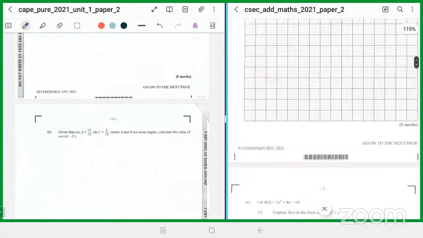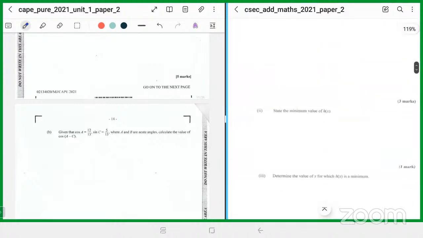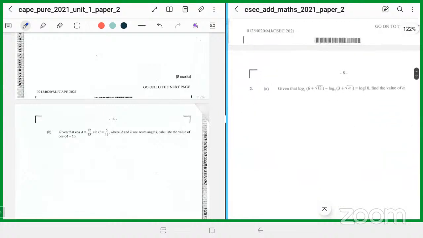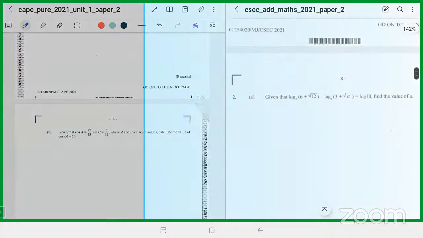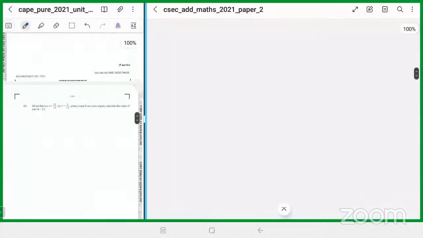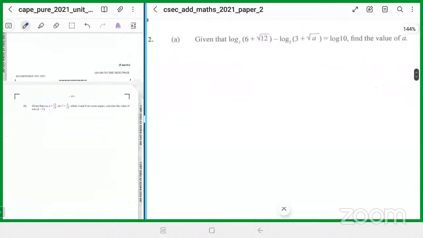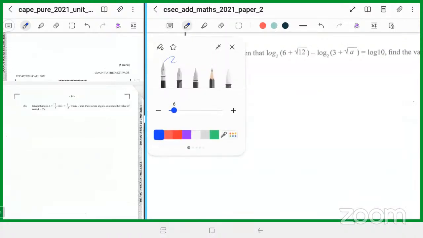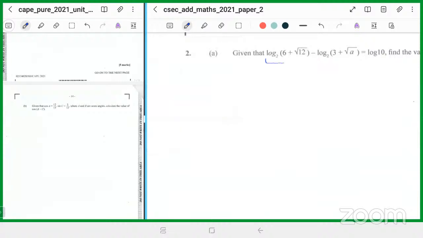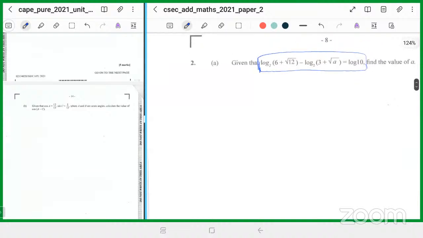Binomial theorem, quadratics. All right, so a question here. This is a question right here. It's find the value of A.